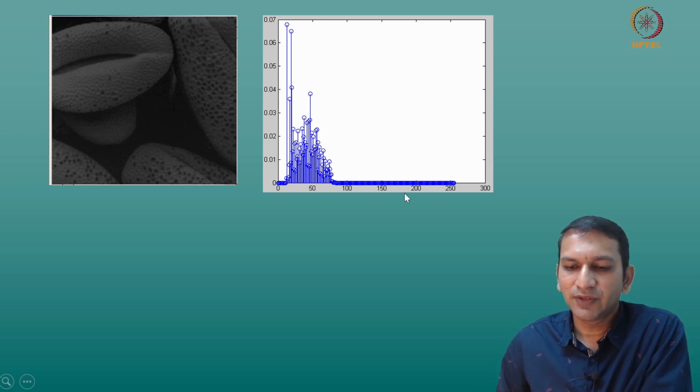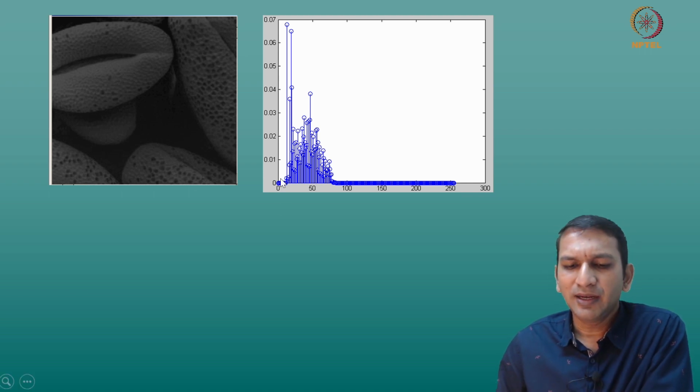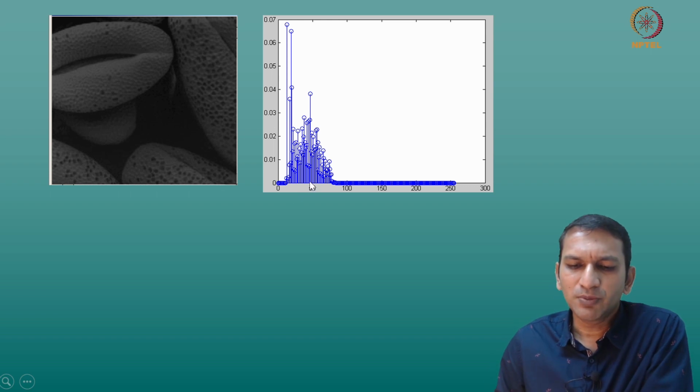So on the x-axis, we have the pixel intensities. This is a grayscale image, so we have normalized it between 0 to 255. And these are the corresponding pixel frequencies, once again normalized based on the number of points in the image. So this bar here represents that the number of pixels with pixel intensity 50 is almost 4% of the entire image.